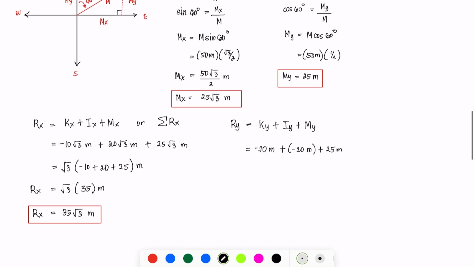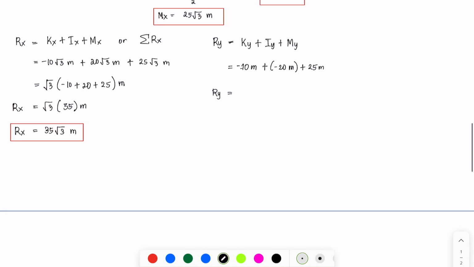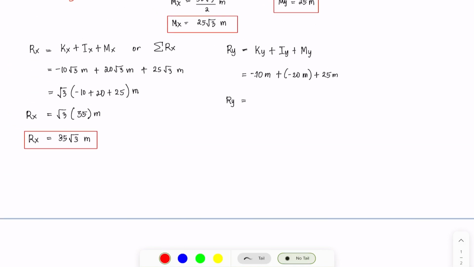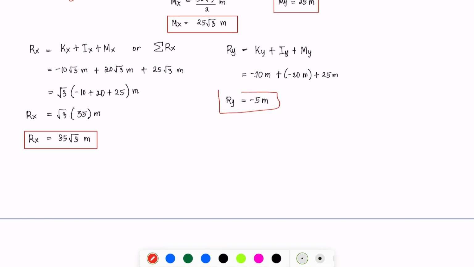So that means your R sub y will simply be, evaluating, negative 10 plus negative 20. They have the same sign, so basically add the numbers and take the same sign. So it's going to be negative 30 meters plus 25, so it's going to be negative 5 meters.